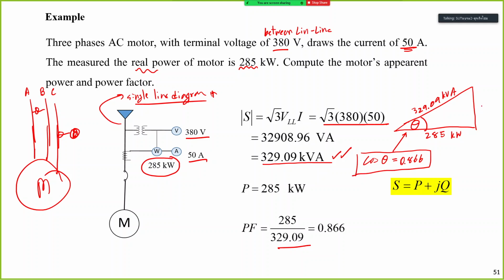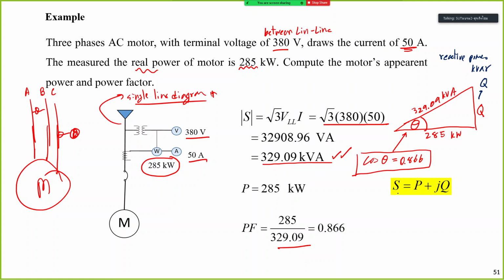Okay, and this is the value of Q. Can we compute Q? We can compute the Q, or reactive power, in kVAR, and we can compute Q in many ways.